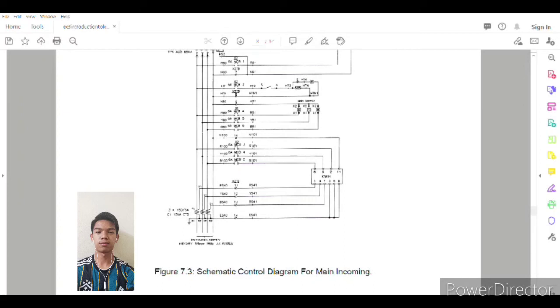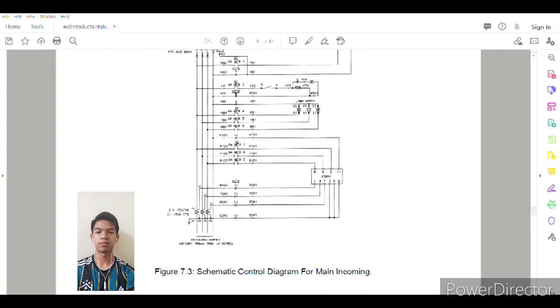This one is the main supply indicator. It has R, Y, B, which means red, yellow, and blue. So for the incoming from TNB, we can see it indicated at the main supply.